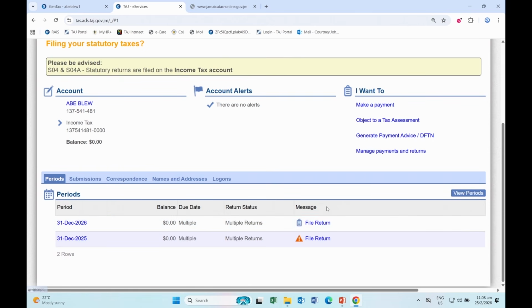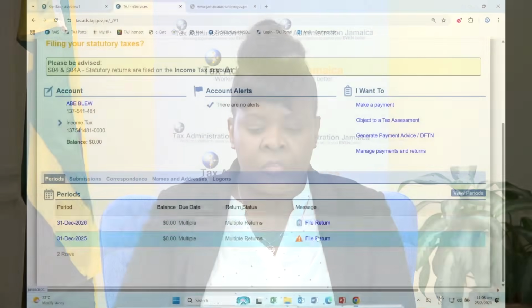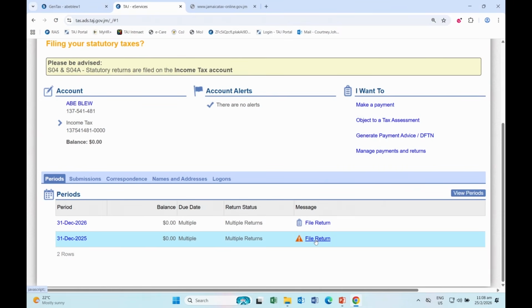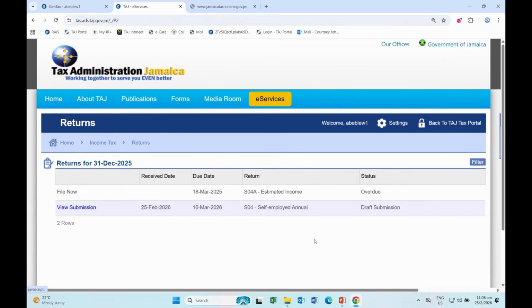Now bear in mind, and don't forget this, both returns are due at the same time, right? So the S04 provides the precursor for the S04A. So both of them will be done at the same time. They have the same deadlines. So we're going to file return for 2025. So we click on the file return option.